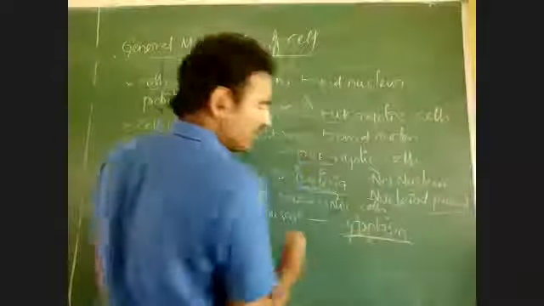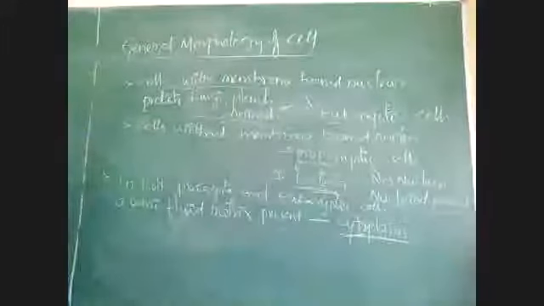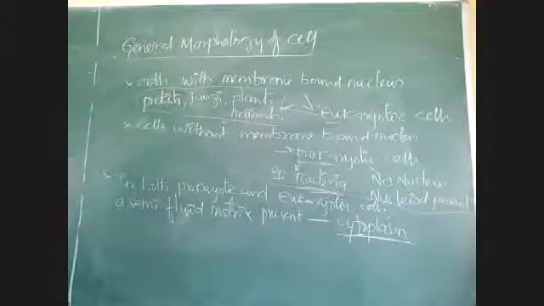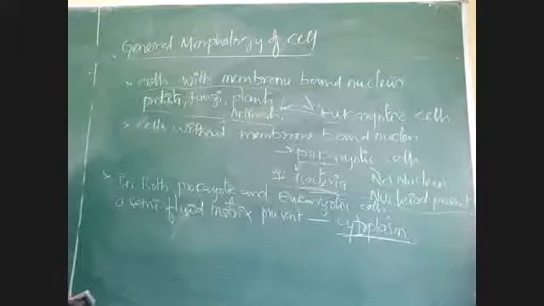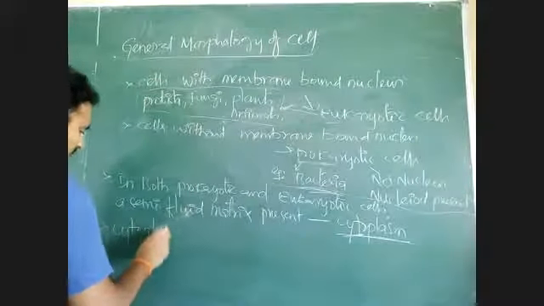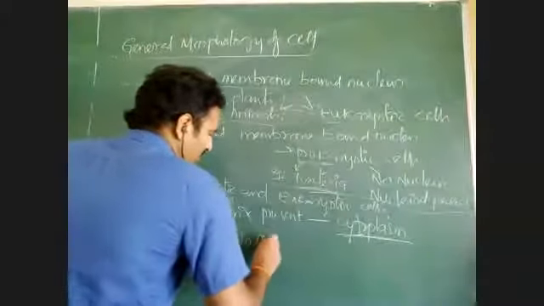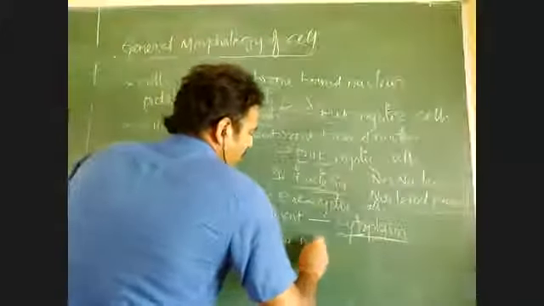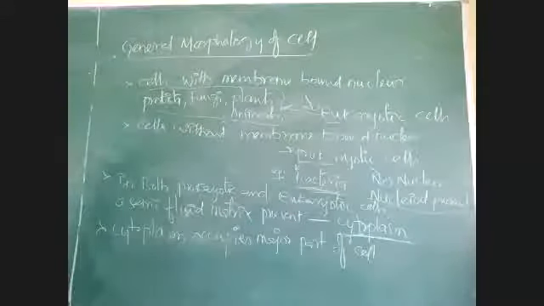Cyto means cell, plasm means fluid. The fluid which is present inside a cell is called cytoplasm. This cytoplasm is the major portion of the cell. Major part of the cell is occupied by cytoplasm.